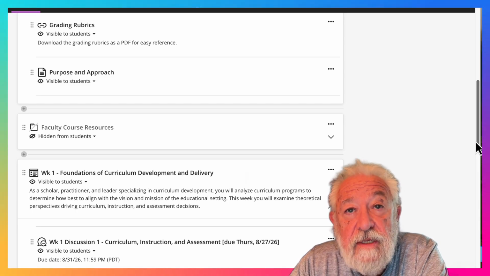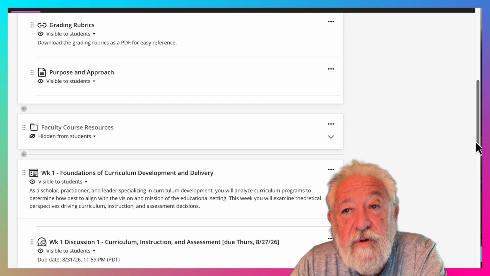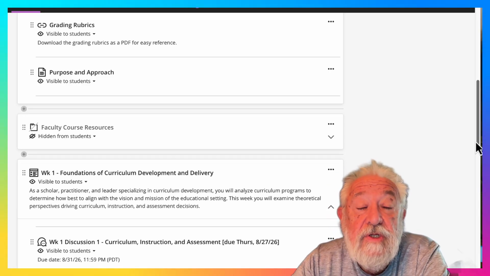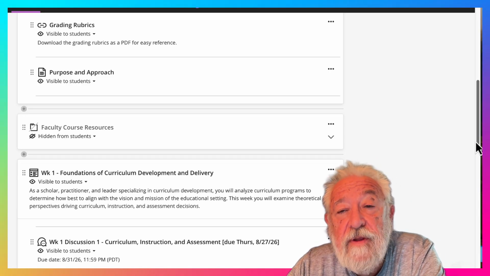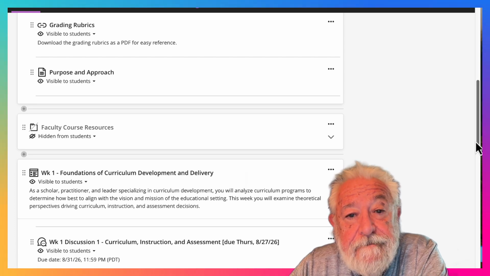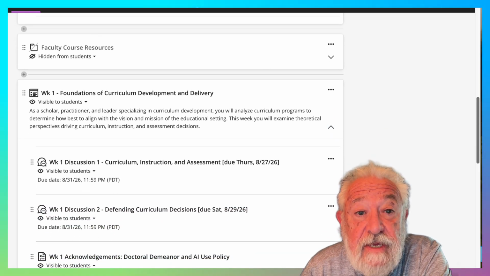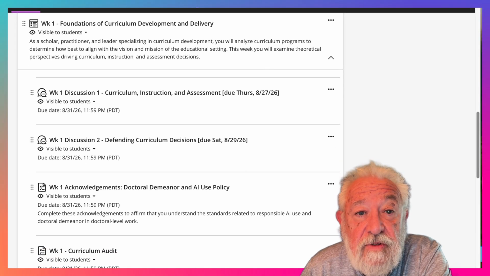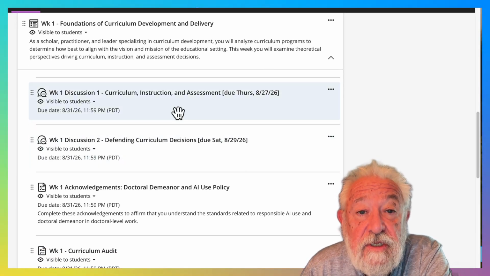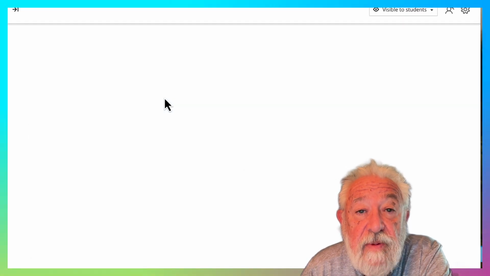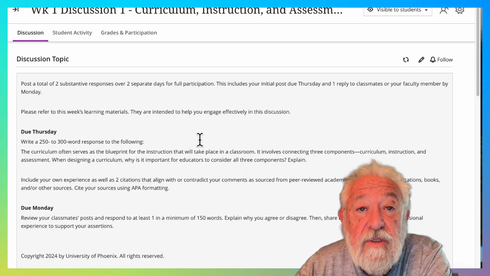And so we'll be discussing these things. What's the difference between, and who determines, what a child learns or how they learn. And so these are issues that we'll be looking at, okay? Some of the issues. So the first discussion of this week is about curriculum, instruction, and assessment.